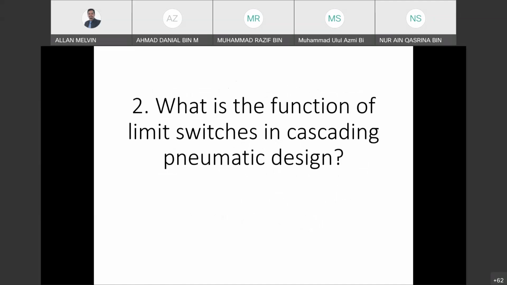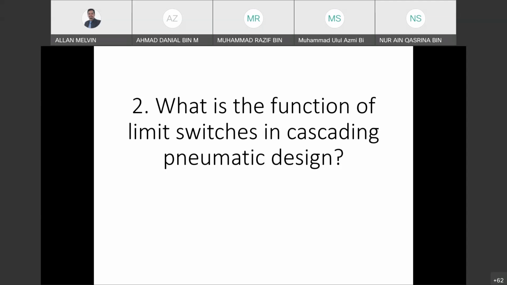Okay, so what is the function of limit switches in cascading pneumatic design? What is its function?